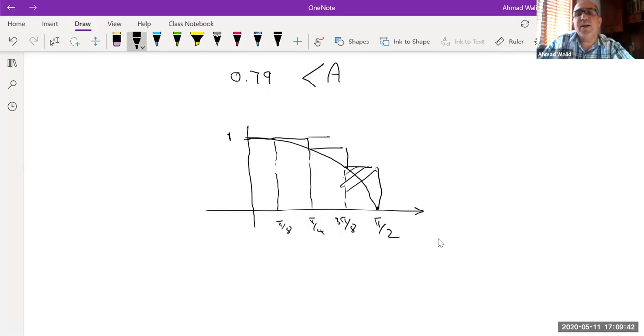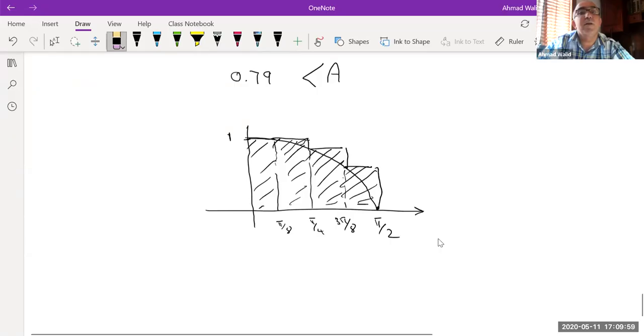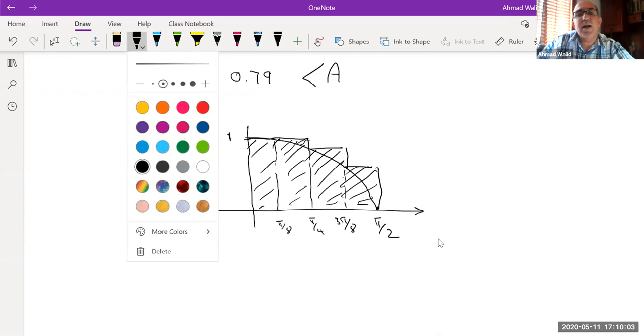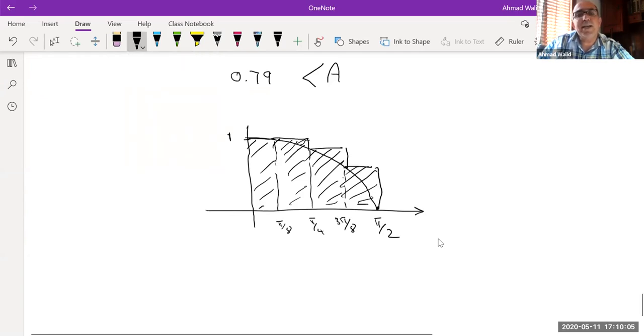It means you're now calculating this area using the same method. Again, your delta x is the same. It's not changing. Delta x is still pi over 8.